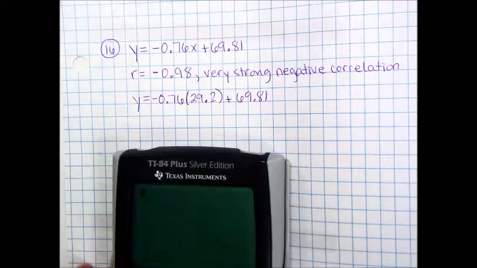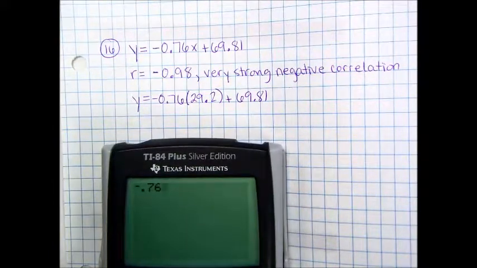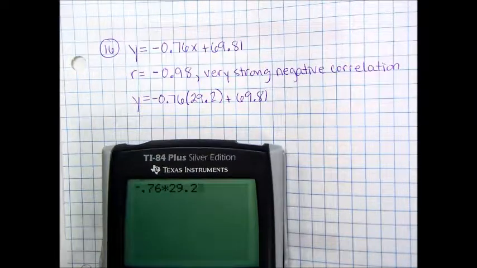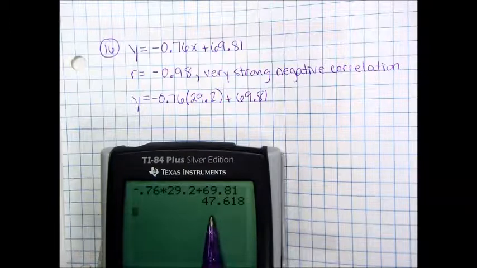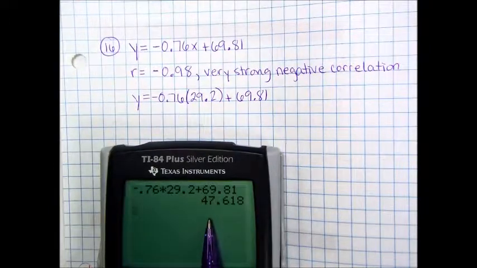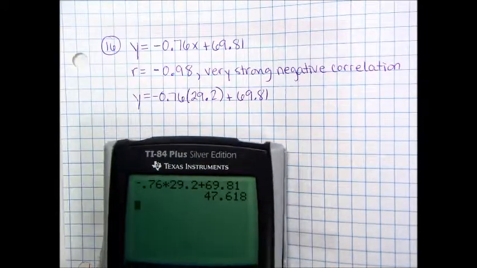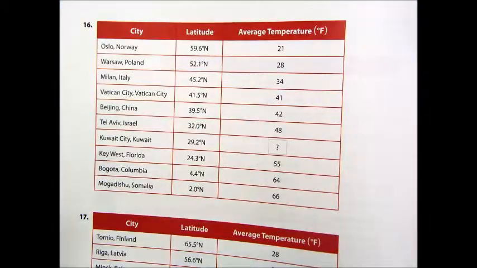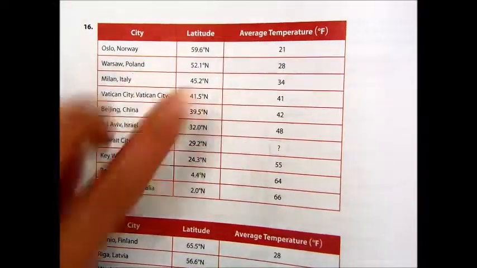So I'm going to clear this off my screen, and if I just did negative 0.76 times 29.2 plus 69.81, I can estimate that this would be, it says 47.618. I'm going to tell you that since all the other numbers in the table were whole numbers, the book rounded this off to a whole number as well.